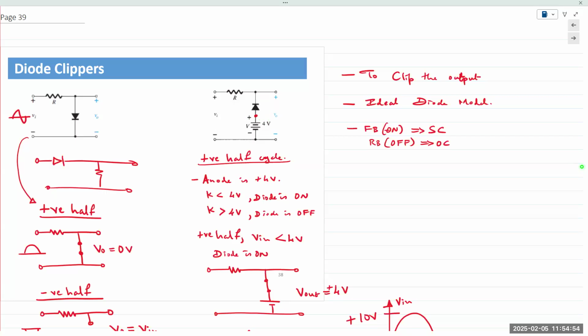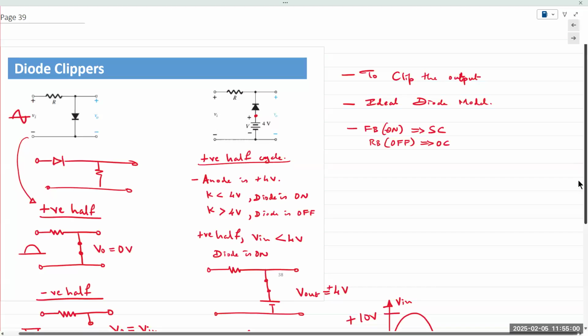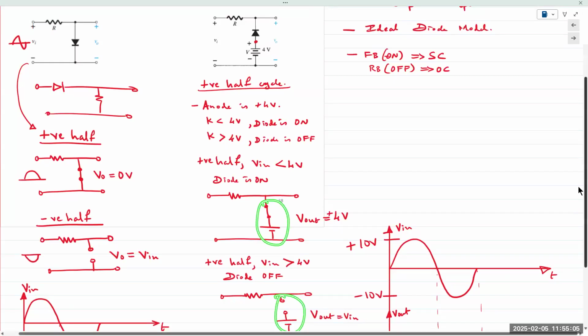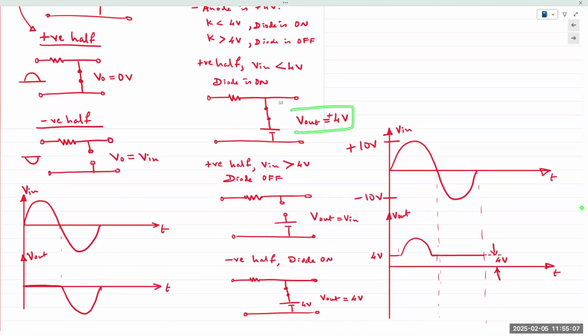How does the diode behave in the positive half cycle? How does it behave in the negative half cycle? Redraw the circuit with the model like this and like this, and then check what is V out. Okay. That's how you can analyze any diode circuit.